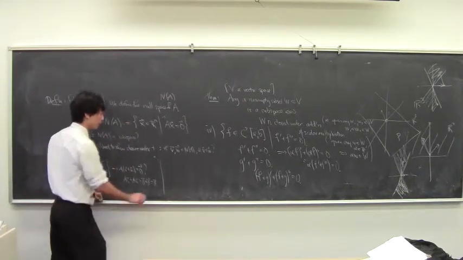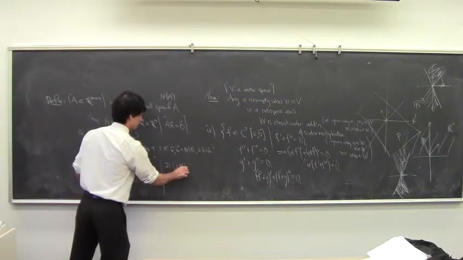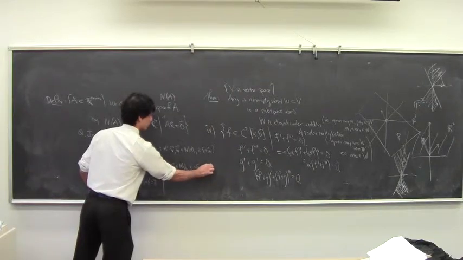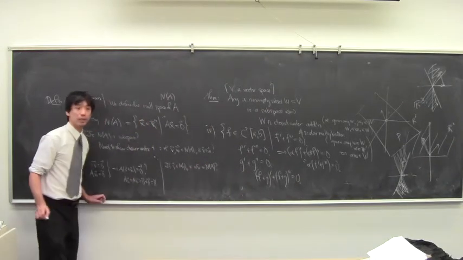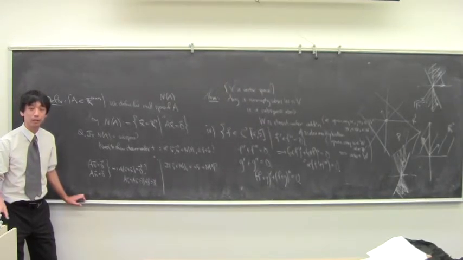Second part: if V is in the null space, is alpha V in the null space? If you take somebody that gets killed by the matrix, is it true that any scaling of it will be killed by the matrix?